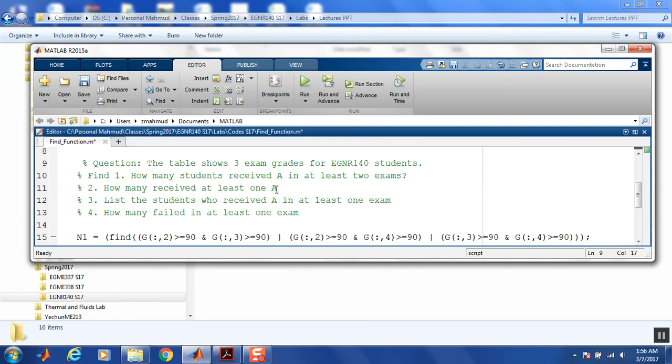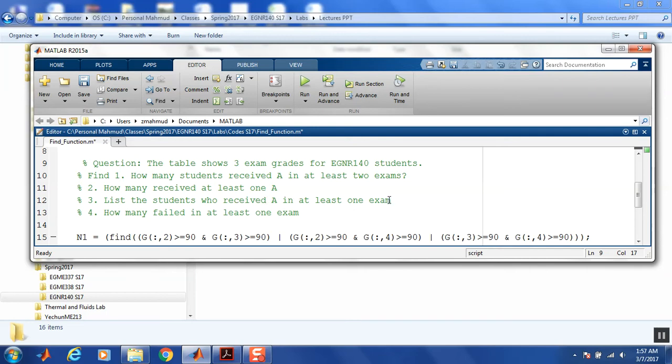The third question is to list the students, or student IDs, which is kind of obvious, listing students by their IDs who received A in at least one exam.